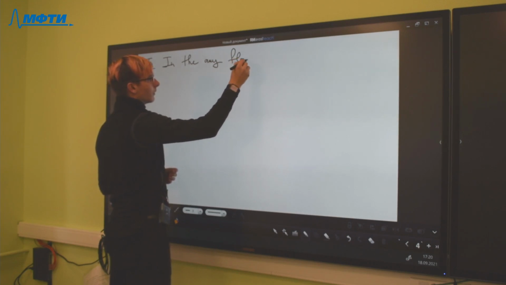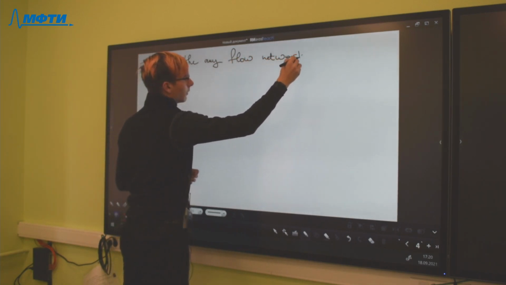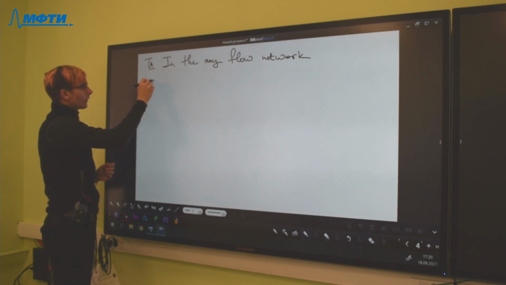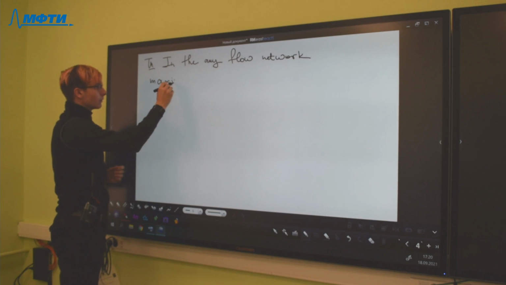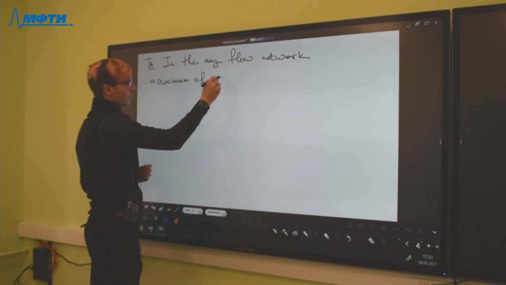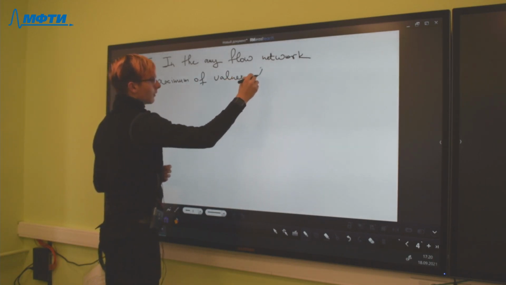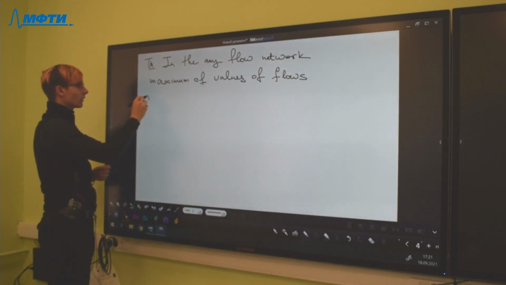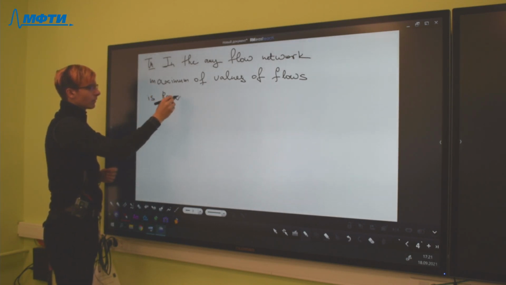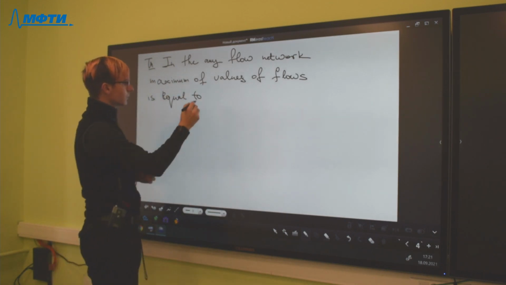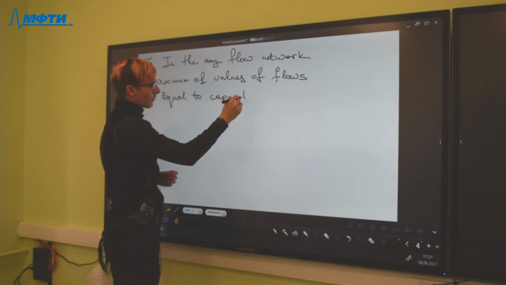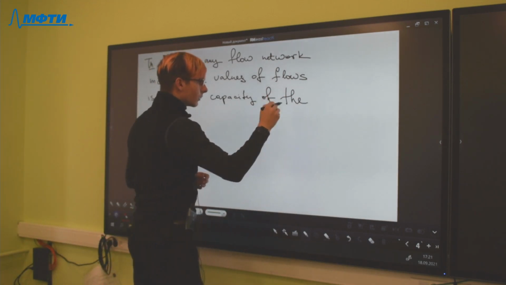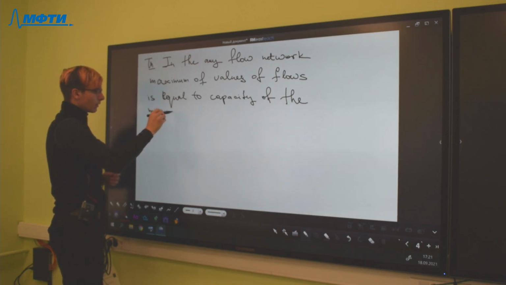In any flow network, the maximum of the values of flows is equal to the capacity of the minimal cut.